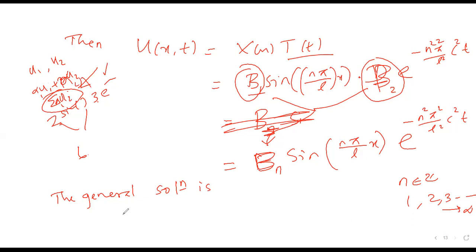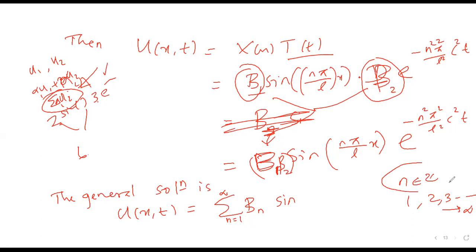So therefore, I'm writing my finalized answer as a series. There I can use, for example, b1, b2. Here I can use bn. Sorry about that, because the variable doesn't matter, but I'm just following the book. Otherwise you will be confused. So bn sine, here I put the summation, n equal to 1 up to infinity.